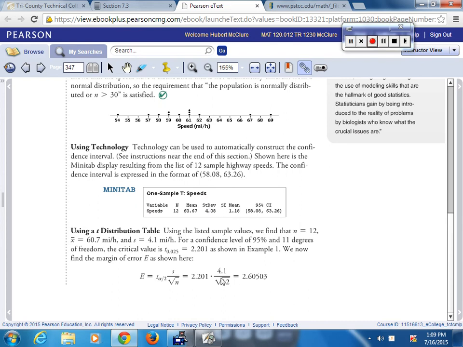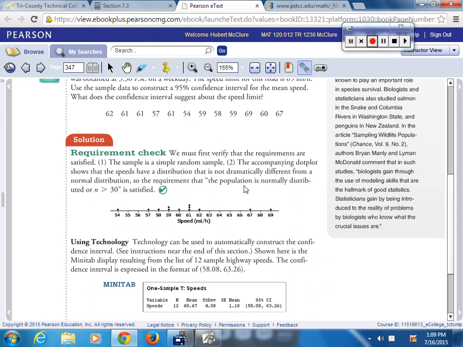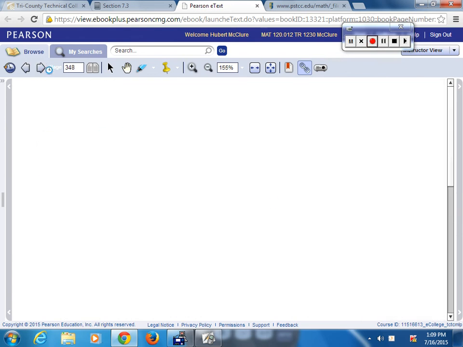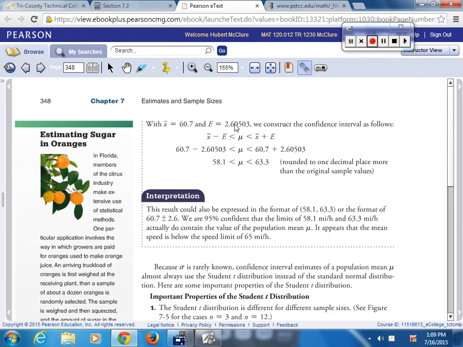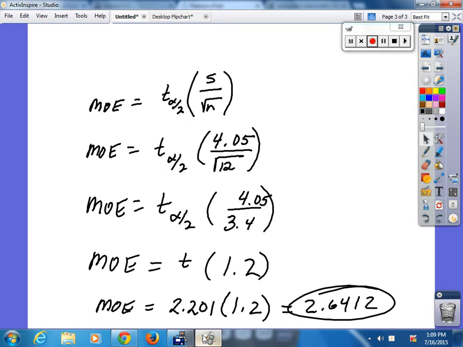The margin of error, we're going to find an interval of your confidence interval, because that's what it's asking for, I believe. And there it is. Because we've got the mean, so 61, the margin of error is kind of like your mean. Remember me telling you that the other day in class?